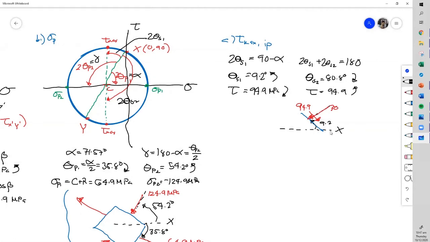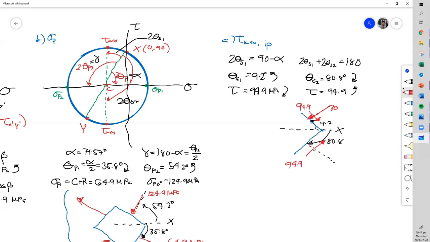Now, again, balik tayo kay X. Sabi dito, rotate daw by 80.8 degrees. So, draw lang ulit tayo ng plane. So, ito yung 80.8. Dapat daw yung tau dyan, 94.9 din, pero counterclockwise. Ibig sabihin pa ganun. 94.9.